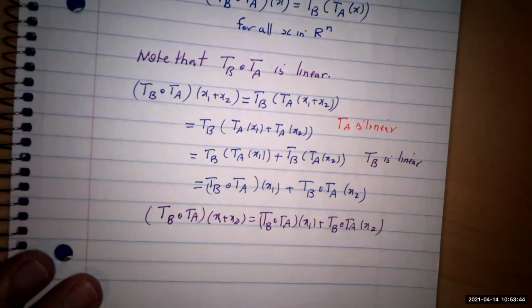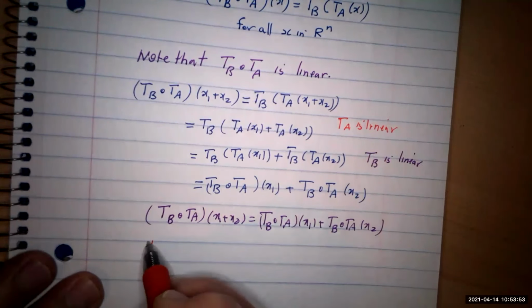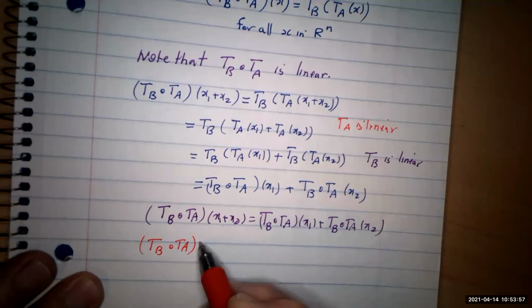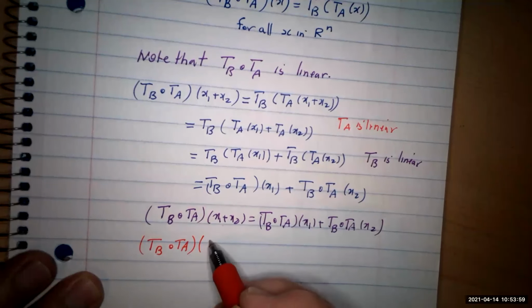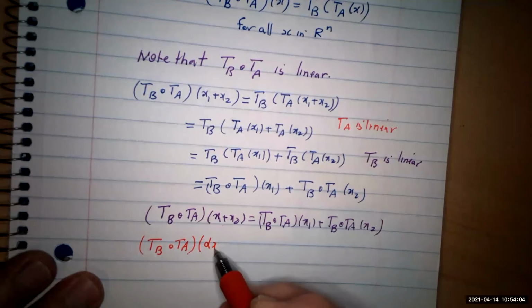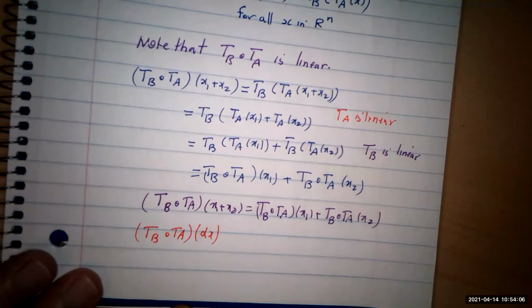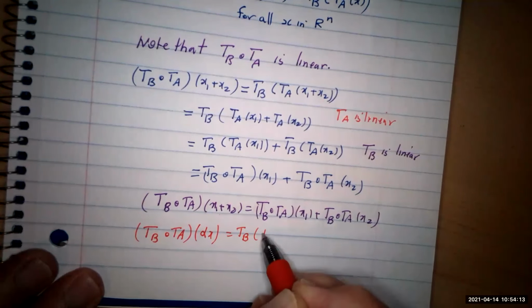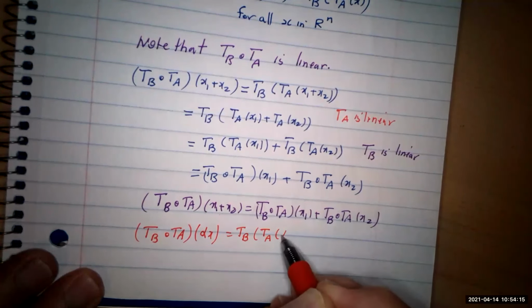The other property is scalar multiplication. We want to show TB ∘ TA at alpha x, where alpha is a scalar, lets us bring out the alpha. Use the definition: TB of TA of alpha x.